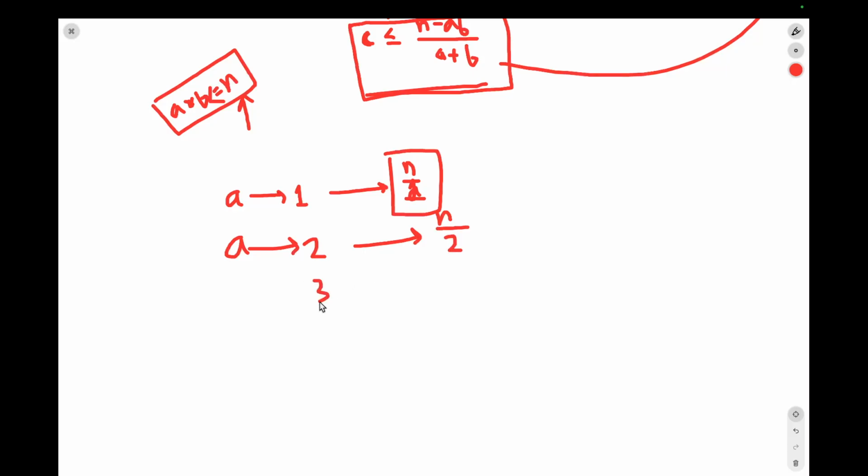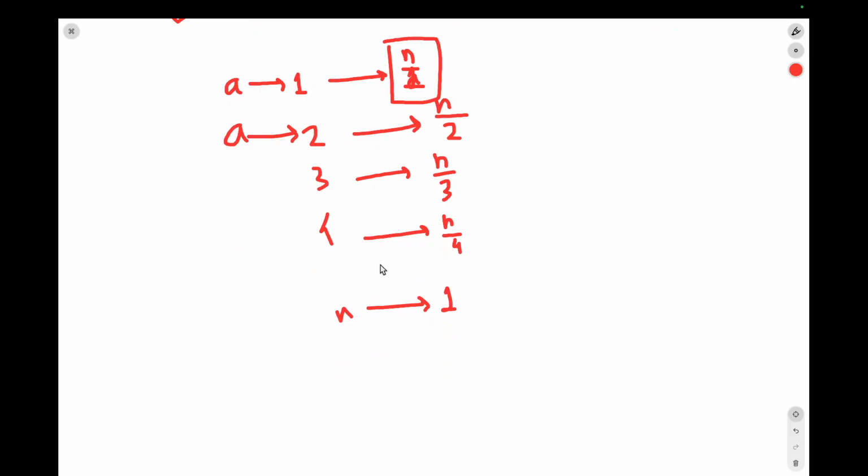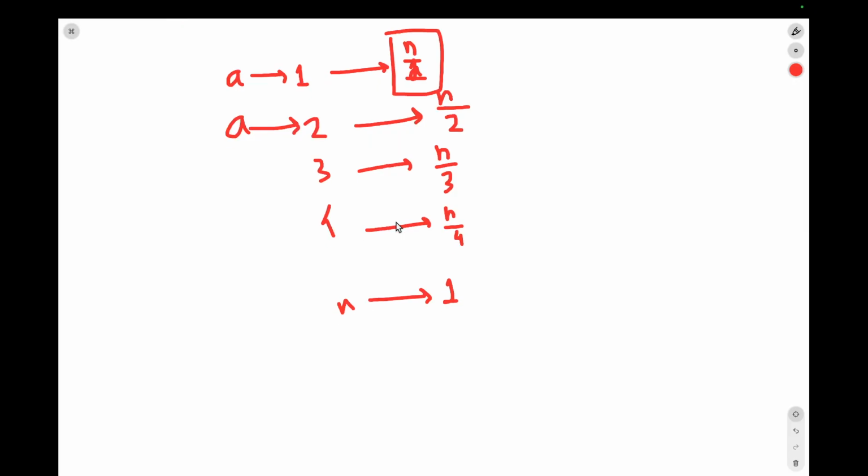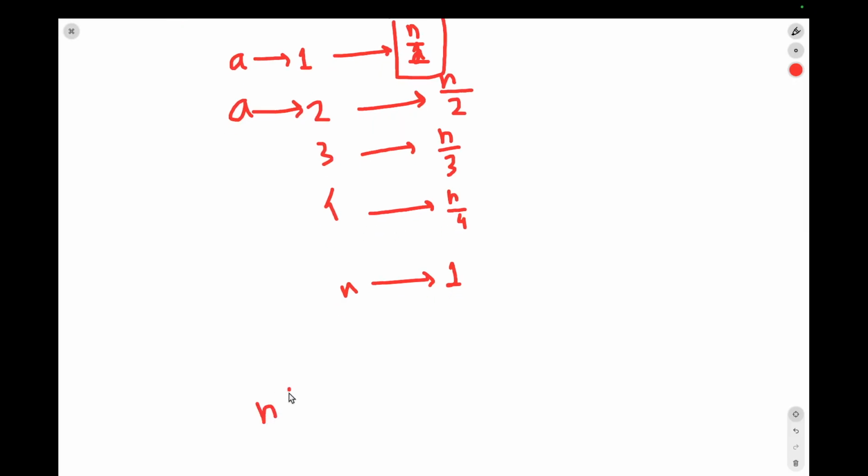If a is 3, it would be n by 3, and these are all the upper bound values of b for each a. If a is 4, it will be n by 4. If a is n, it would be 1.